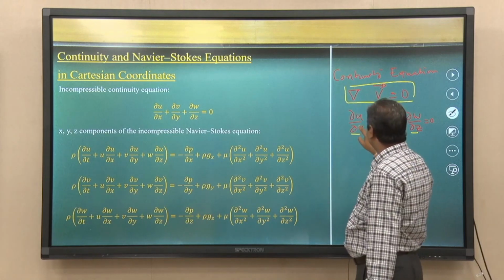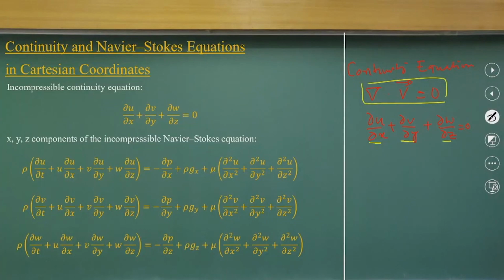If you do not remember that, you can remember the component form. With scalar velocity components u, v, and w in the x, y, and z directions, the incompressible continuity equation in partial differential form is the partial derivative of u in the x direction, plus the partial derivative of v in the y direction, plus the partial derivative of w in the z direction.